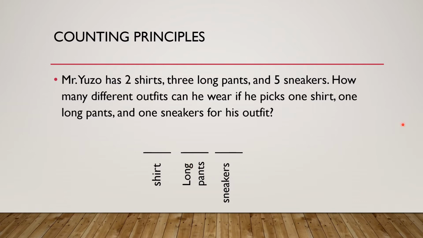Since we have two shirts, three long pants, and five sneakers, all we have to do is simply multiply 2, 3, and 5. Therefore, there are 30 different outfits.